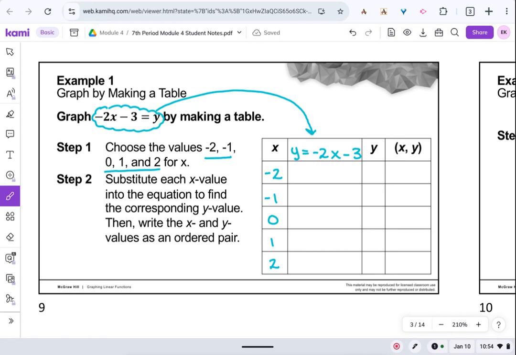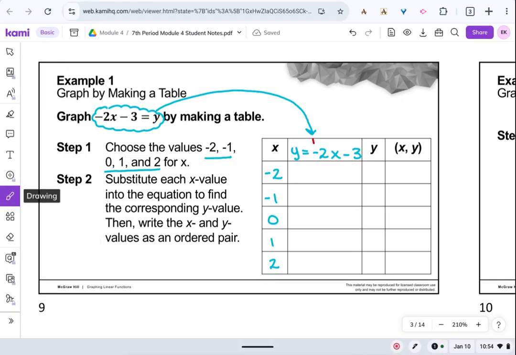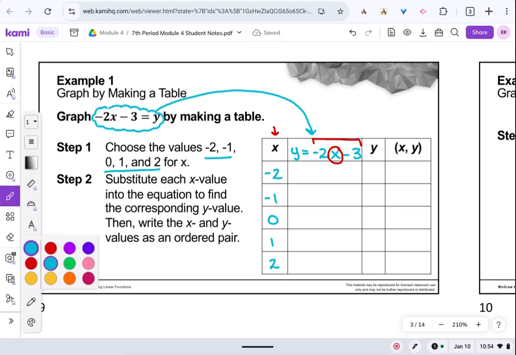Now what we're going to do is take just this part only and use it down this middle column. But we're going to replace this x with the numbers in the first column. So the -2 is going to stay the same from here, but my x in this first row is also a -2, so that replaces it.